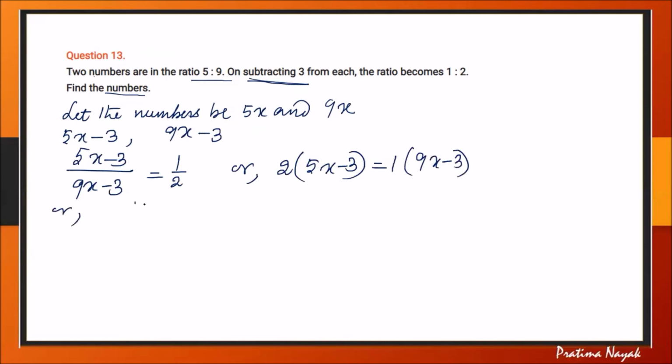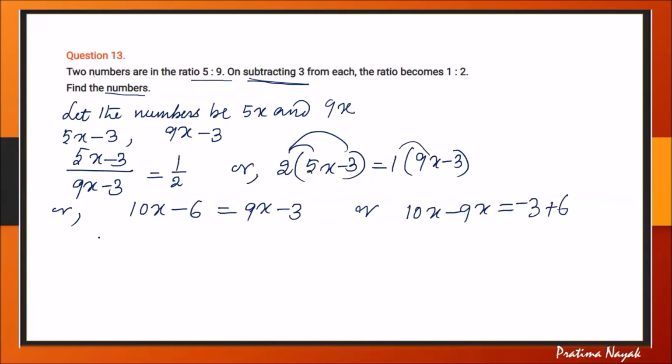Or you are getting 10x minus 6 is equal to 9x minus 3. Take x to the left side, 10x minus 9x is equal to minus 3 plus 6, so you are getting x is equal to 3. Is this the answer?